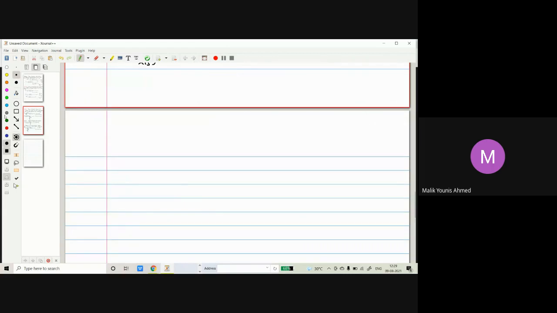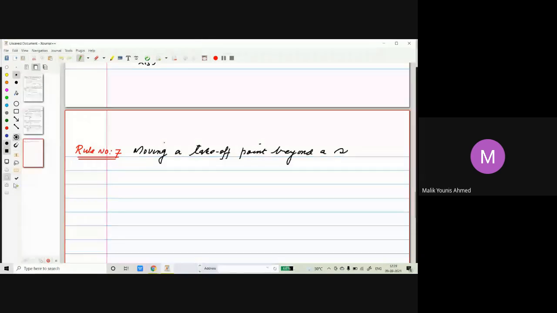Okay, let's move to rule number 7 now. This rule says moving a takeoff point beyond a summing point.